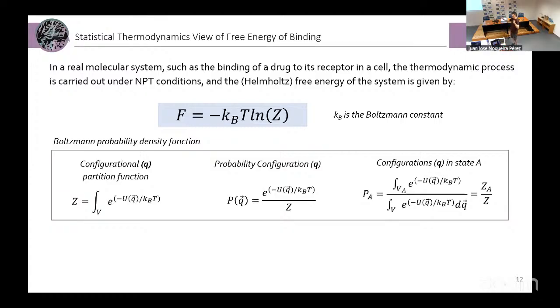When we have our system, depending on the interaction between the molecules, we are going to have different configurations. Here are different XYZs. For each configuration, based on the Boltzmann distribution, we can calculate the probability of this configuration in the ensemble that we have. There will be configurations that are more stable and configurations that are less stable.